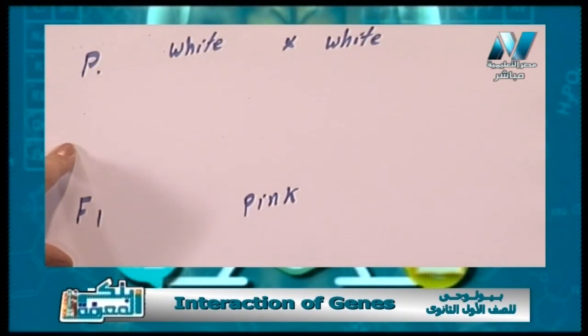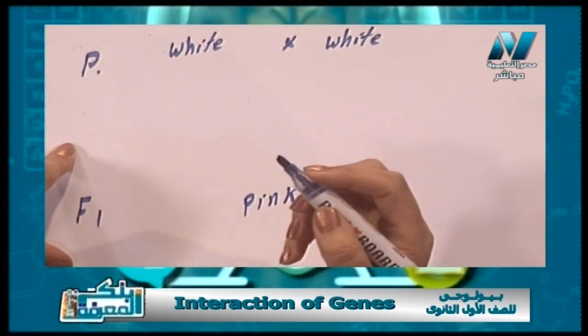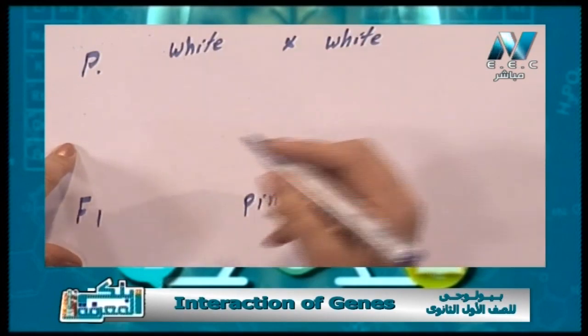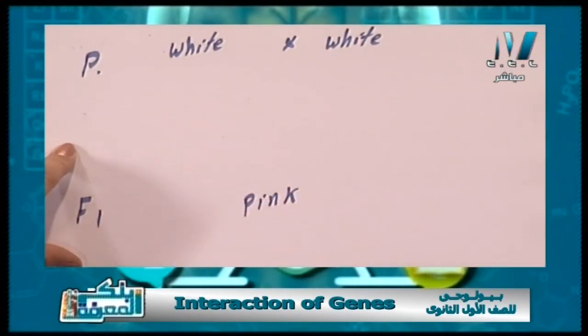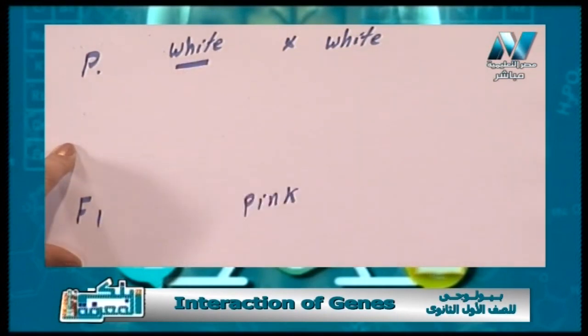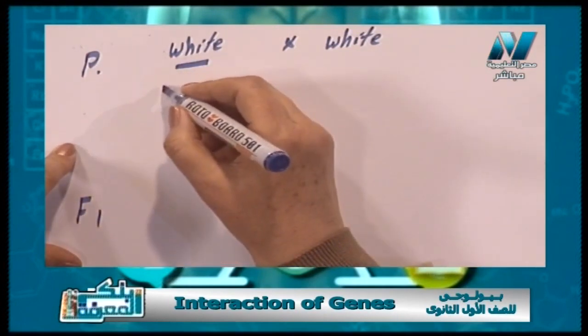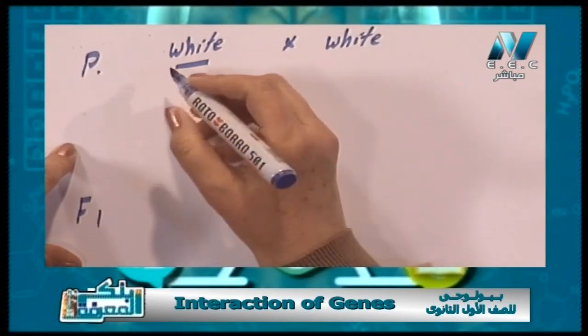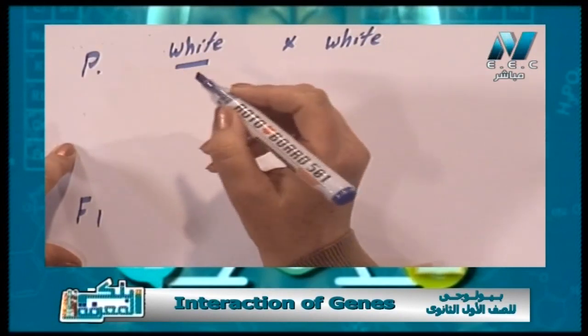As we said, this type of inheritance or these characters are controlled by two pairs of genes. So the first pair, if the first pair is white, there must be one of the two genes present in a recessive state.